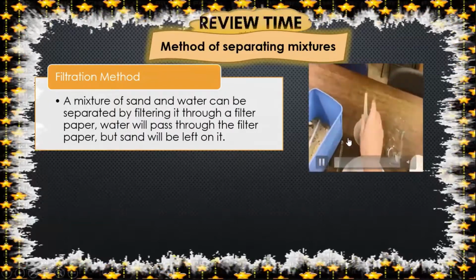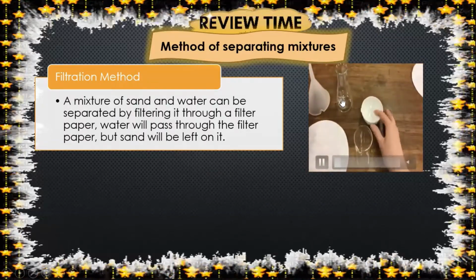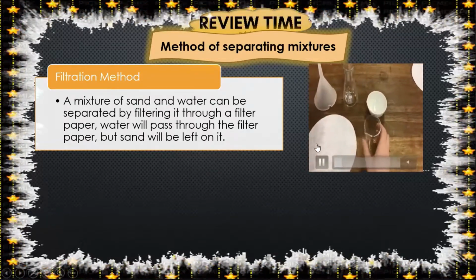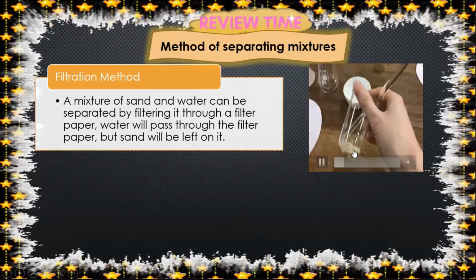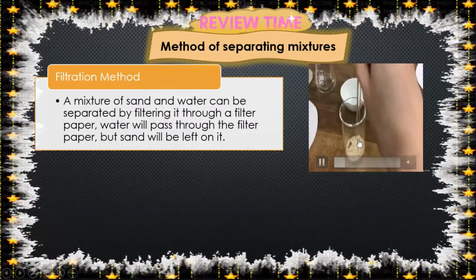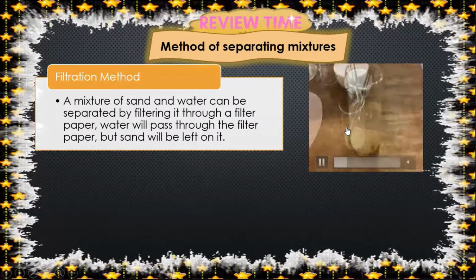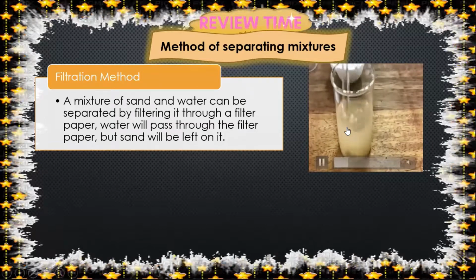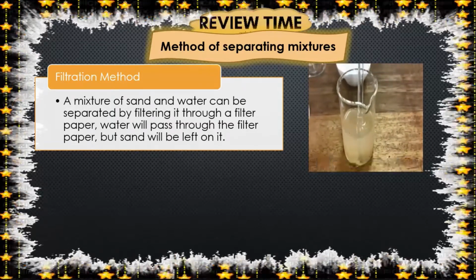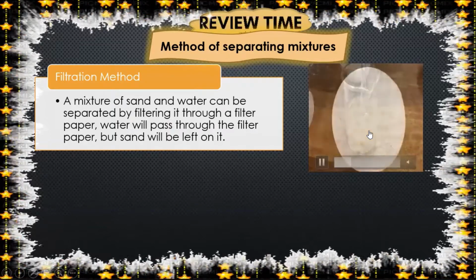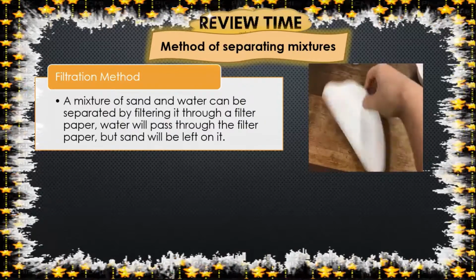As you can see, we have equipment like a funnel, flask, dish, beaker, filter paper, and stirring rod, and now we are going to make a mixture of sand and water. We just mix it. Because it's sea sand, we found some amount of salt as well.